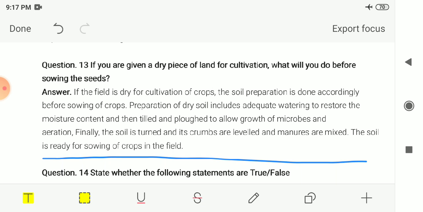After this tilling and ploughing, the soil is turned and its crumbs, big particles and big compounds, are leveled and you have to break them, and then manure is mixed with this soil, and the soil now is ready for sowing the crops in the field. So this is the pre-preparation which you have to do if the land is dry before sowing the seeds.